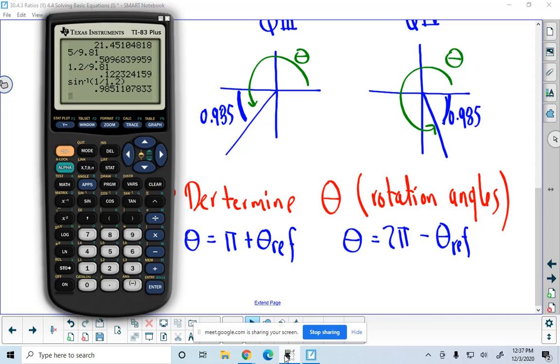So pi plus the reference angle gives me 4.13 radians for the first angle, and 2 pi minus the reference angle gives me 5.30. So 4.13, 5.30.